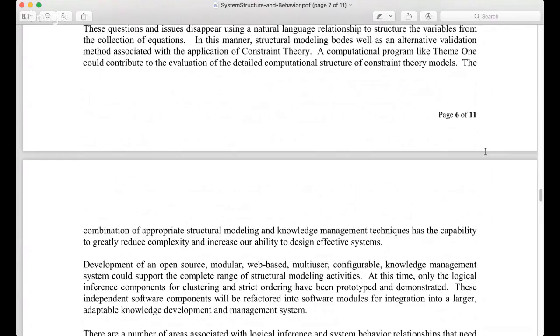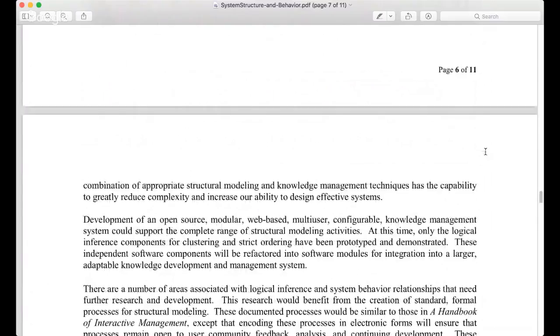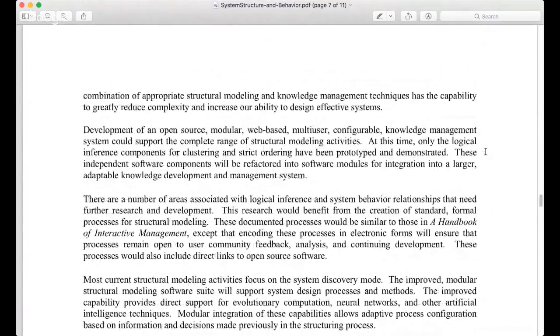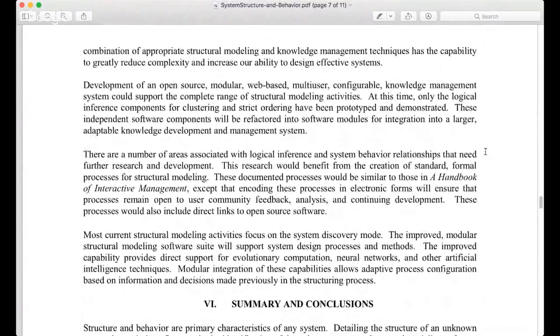But we believe it should be able to assist us in some of these types of analysis. And we're looking at a development of an open source, modular, web-based, multi-user, configurable knowledge management system that will really support the complete range of structural modeling activities.